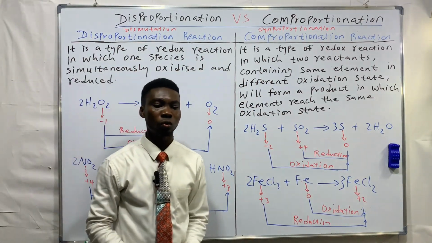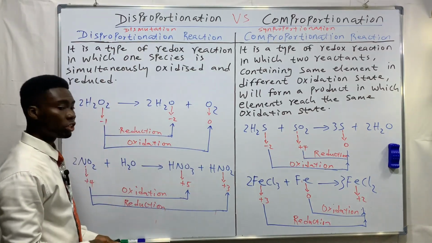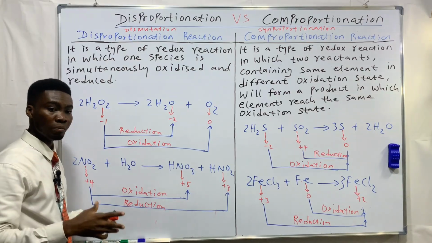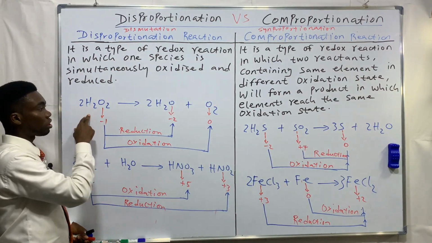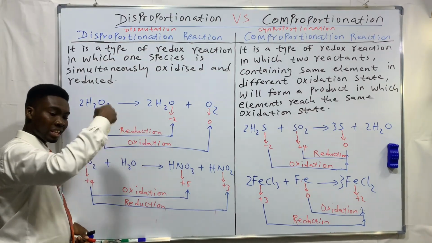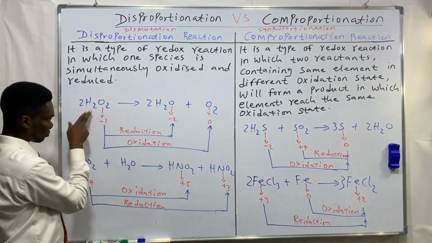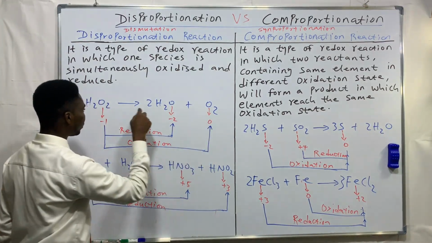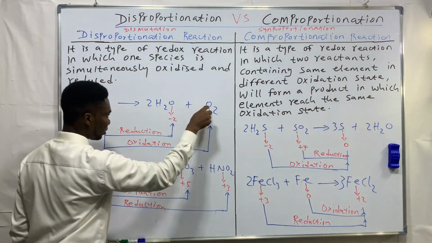Now, secondly, you must know that disproportionation reaction results in two different oxidation states of the same element. You can see different oxidation states of the same element, oxygen.